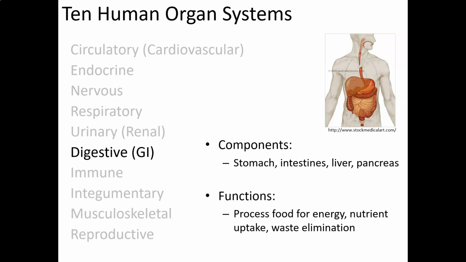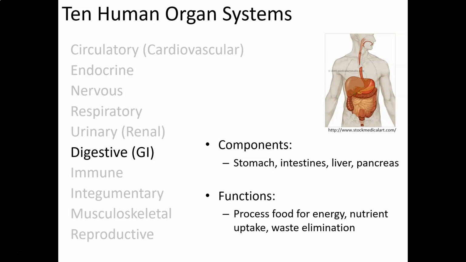All the different glands that release different hormones or different chemicals that allow us to process food and assimilate the nutrients. So the digestive system is your stomach, your intestines, your liver, your pancreas, among other structures.